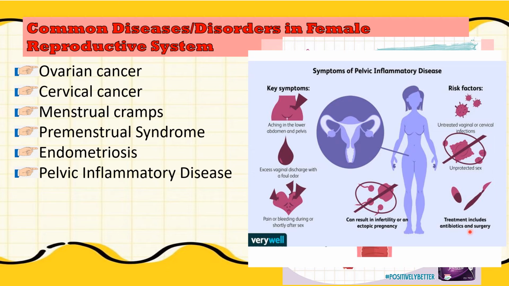Treatment includes antibiotics and surgery. So, ano yung mga risk factor ng pagkakaroon ng pelvic inflammatory disease? Yung mga unprotected sex, kasi yun yung nagdadala ng mga infections doon papasok sa female reproductive organ.